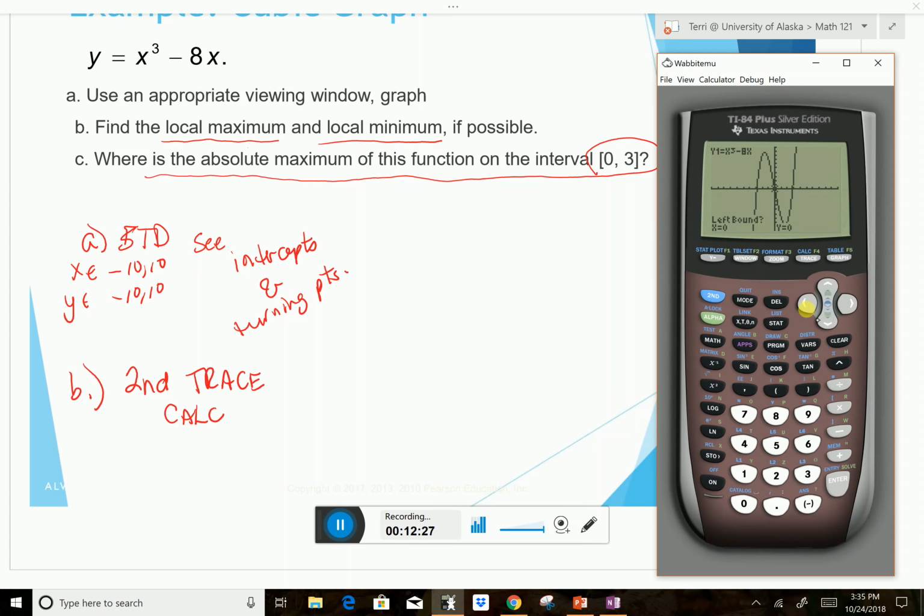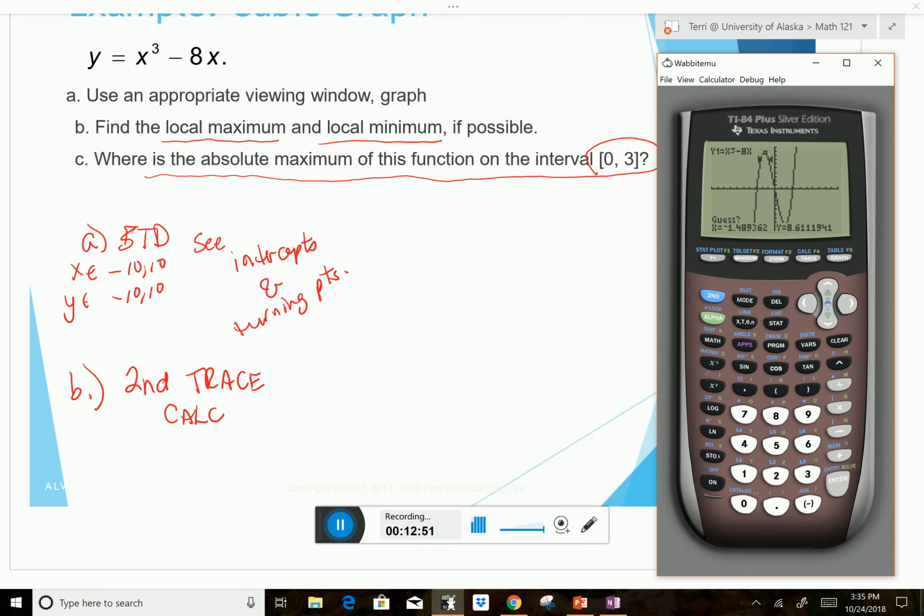So left bound, I need to go to the left side of this. So I'm on the left side of where I see the maximum. I hit enter. Now I want to go to the right side. Enter. And see these answers down here. This is just where I'm at right now. I want to give it a guess first.